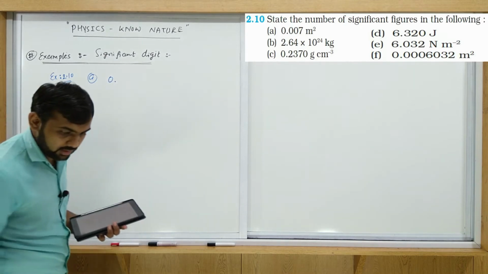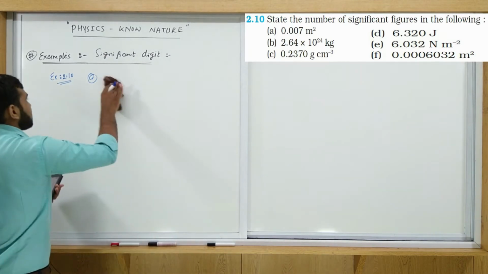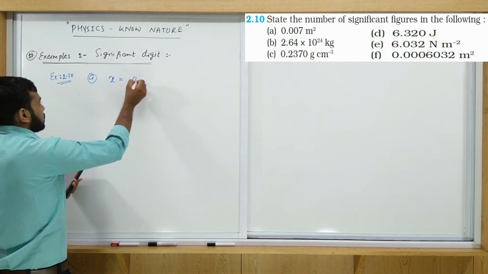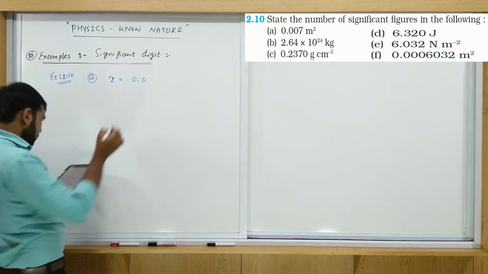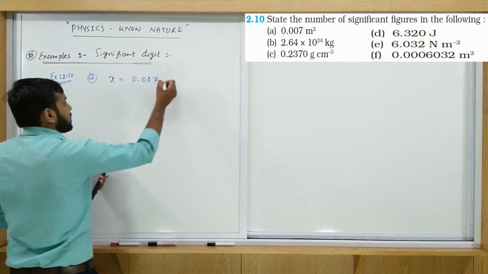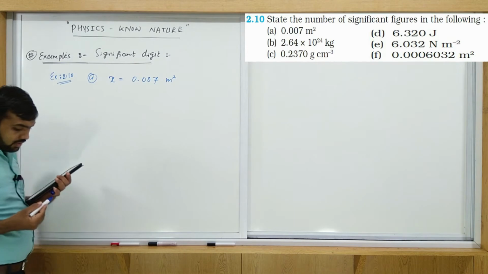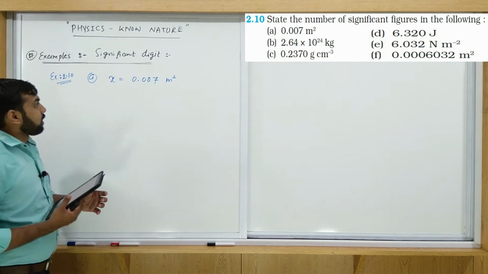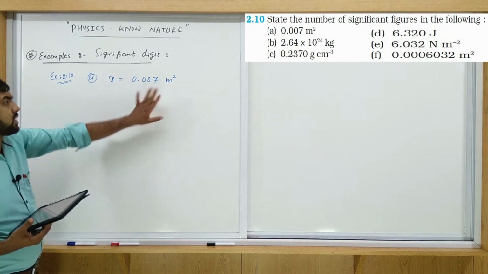Let's suppose x, whatever we write here, this is x. x is equal to 0.007 meter square. Suppose it is given data to us. Now you just count how many significant digits are present.